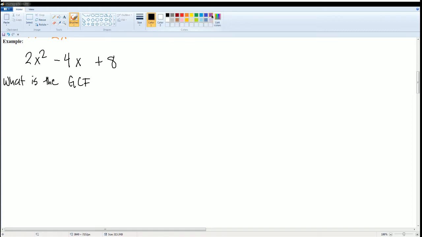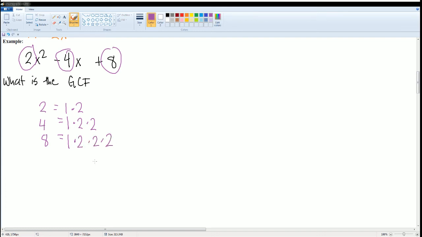The numbers that we want to look at are 2, 4, ignoring the negative, and 8. So let's just write it out. You have 2, 4, and 8. 2 can be written as 1 times 2. 4 can be 1 times 2 times 2. And 8 can be 1 times 2 times 2 times 2, that's 4 times 2.